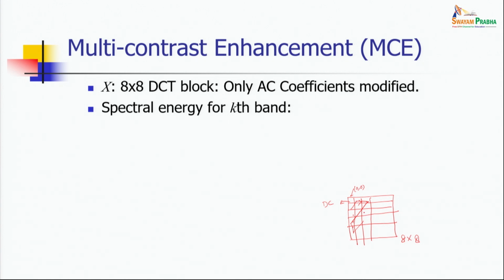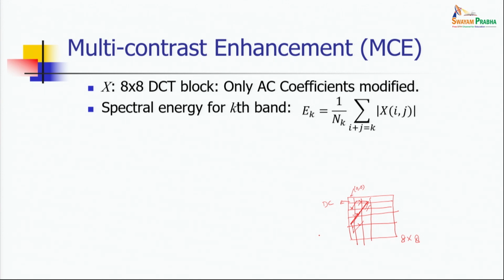So when we consider the spectral energy of the kth band, each off diagonal is the corresponding band. So I will write this expression in this form: i plus j equals k, which will give me all these coefficients in this diagonal. And if I simply add those magnitudes, I call it spectral energy.